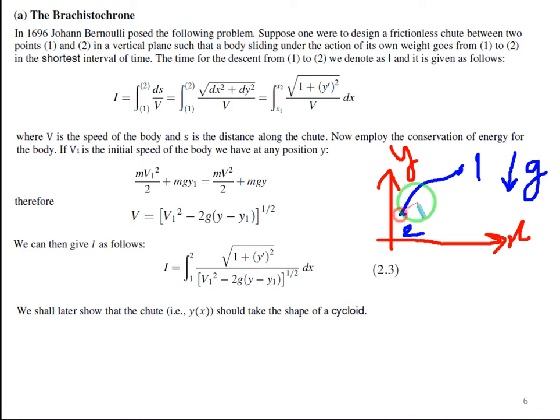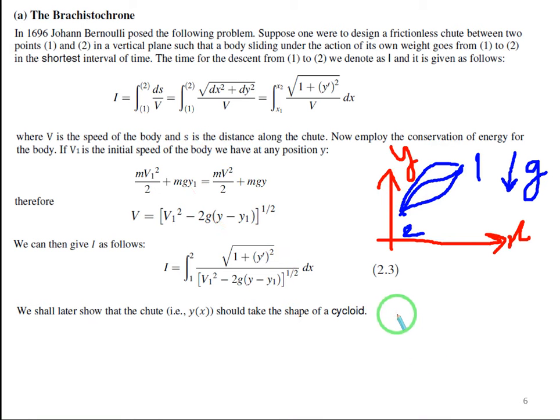For example, we have infinite paths from point 1 to point 2. We are going to find an extremum curve which minimizes the interval time. Okay, now let's formulate the problem.